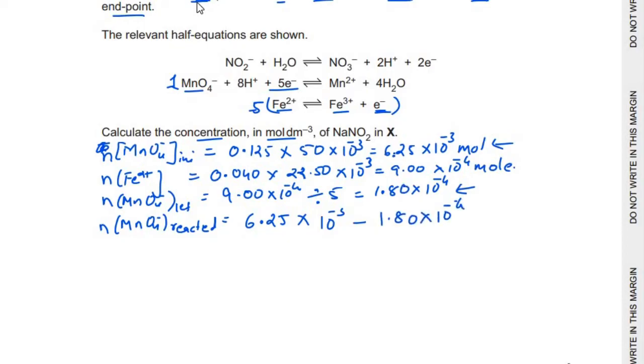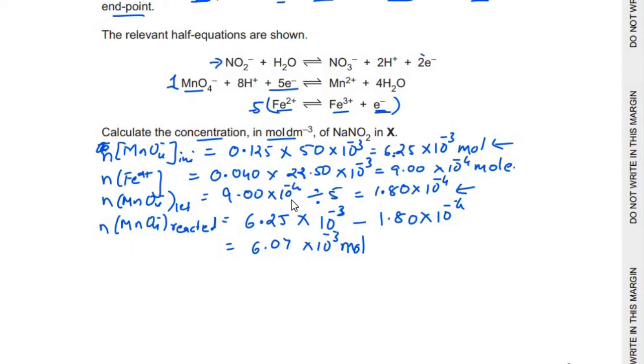Now I prefer writing it to 3 significant figures, so I've added this 1.80, and so the answer is 6.07 into 10 power minus 3. So these are the moles of manganate ions that reacted with the nitrite ions. That's how the reaction occurs.